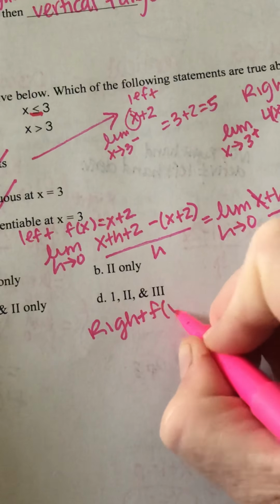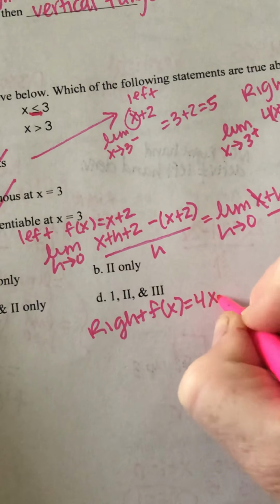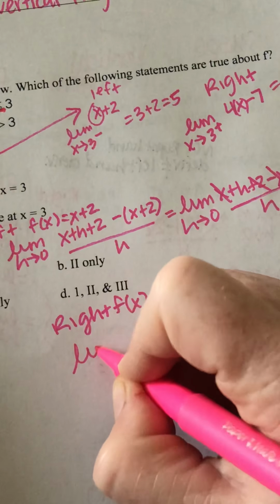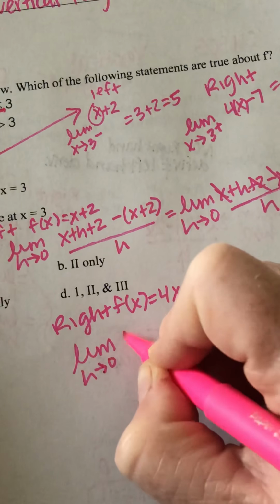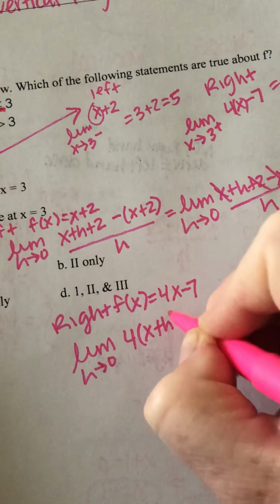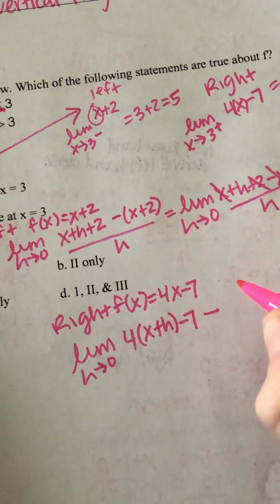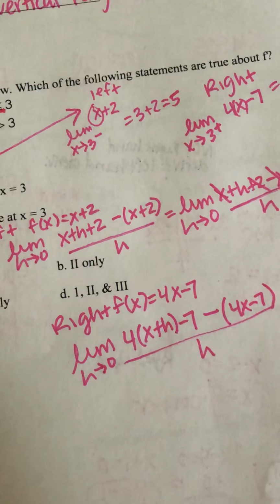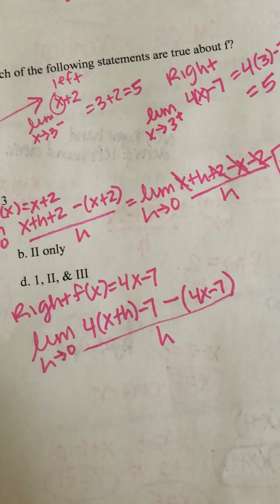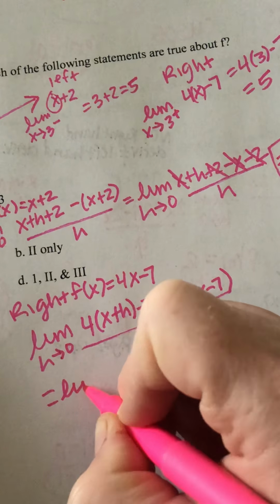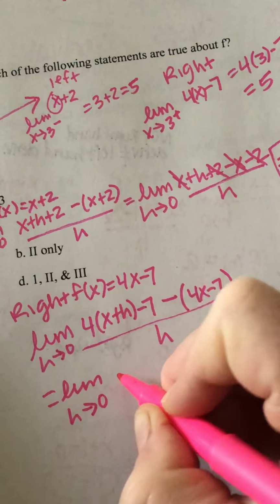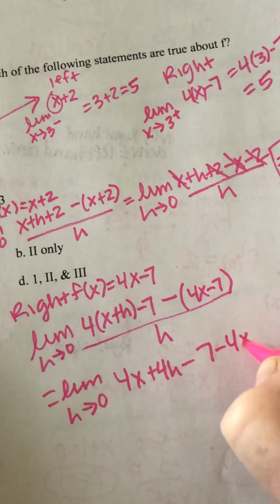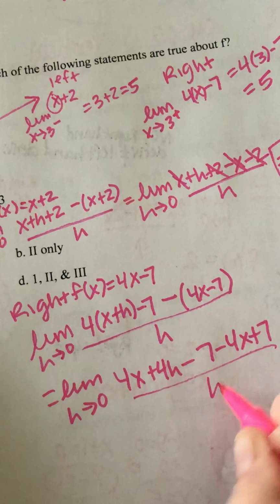And that part of the function here is 4x minus 7. All right, so let's take that derivative. The limit as h approaches 0 of 4 times x plus h minus 7 minus 4x minus 7 all over h. So this is going to be the limit as h approaches 0 of 4x plus 4h minus 7 minus 4x plus 7 all over h.